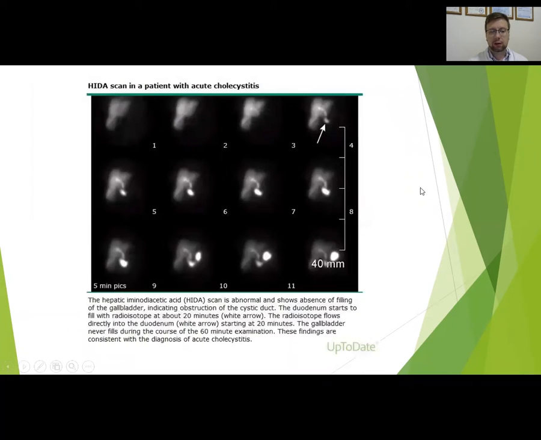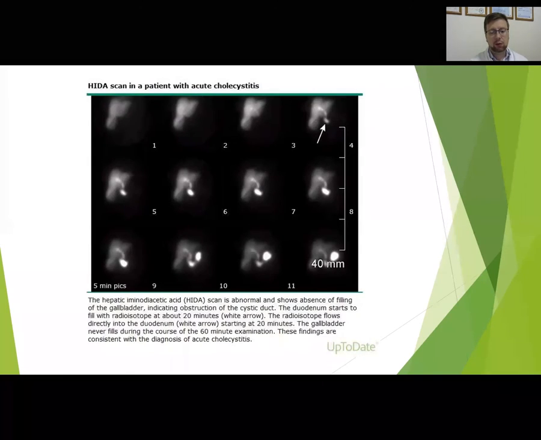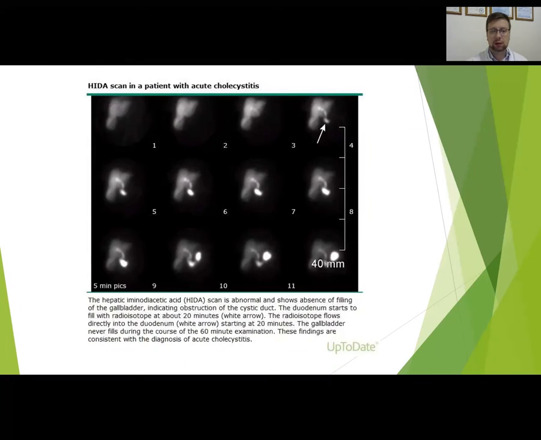Another example of a HIDA scan, in a patient with acute cholecystitis. The HIDA scan is abnormal and shows absence of filling of the gallbladder. You can see it here, abnormal filling, indicating obstruction of the cystic duct. The duodenum starts to fill with the isotope at about the 20th minute.